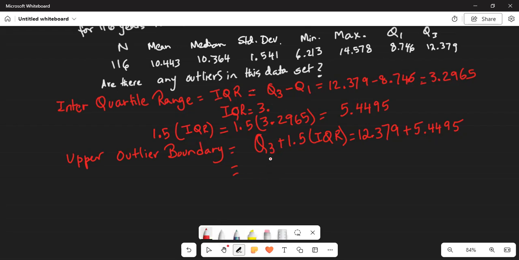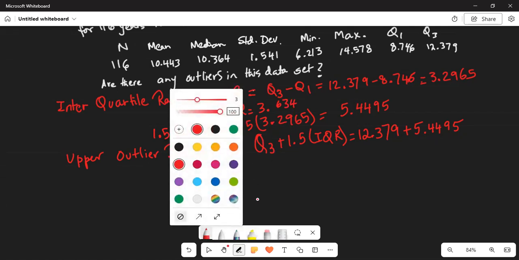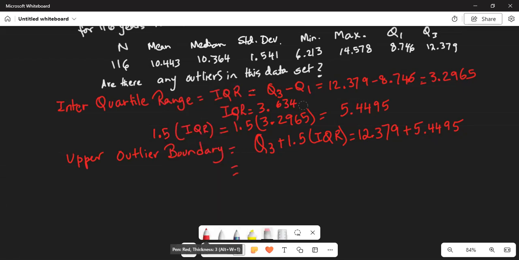It is 3.634. So you multiply 3.634 times 1.5. So 3.634 is the interquartile range.